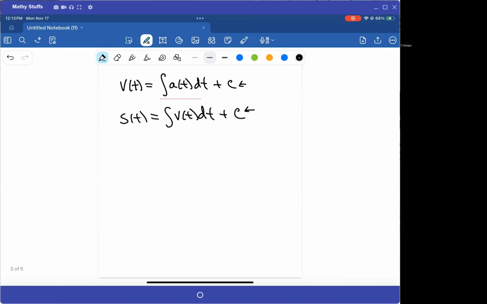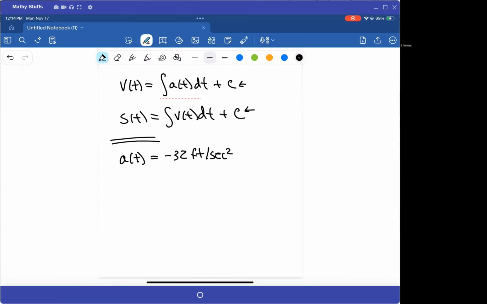We need somewhere to start, and the place we're going to start is with some basic assumptions about how gravity works. All objects are accelerating toward the center of the Earth at 32 feet per second squared.